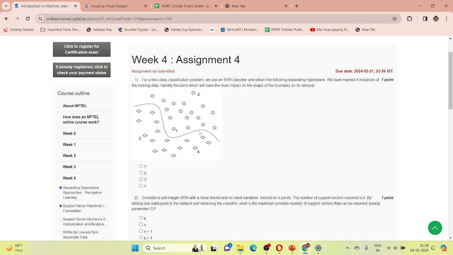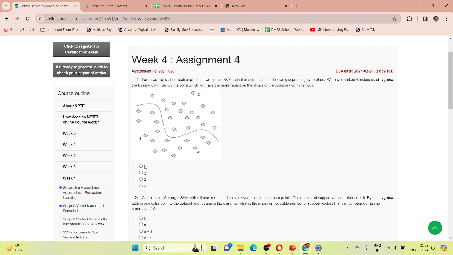From the theory of SVM, you can understand that the distance of this classifier from the data, the boundary, will be defined by the data points that are closest to this classifier. So which point will have the maximum impact on the shape of the boundary?